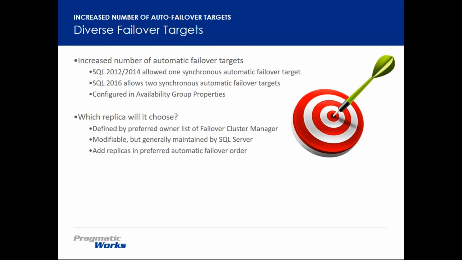An important point here: you can change it. When you go into the cluster manager properties, you have the ability to move replicas up and down the list. That said, Microsoft officially says this is generally maintained by SQL Server. In my testing, what I have seen is it will change the order on you.